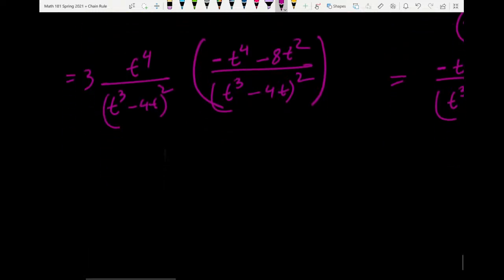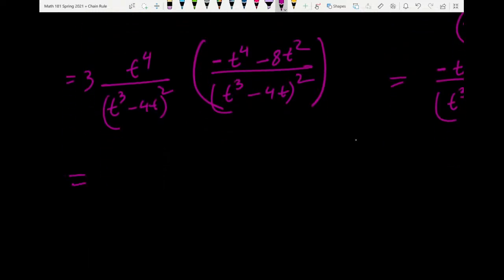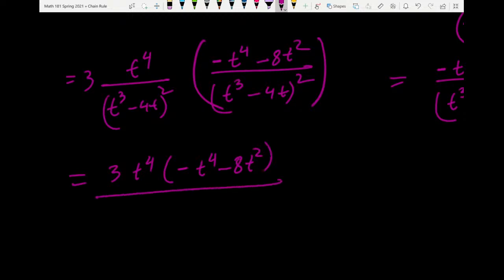Ooh, I can make the problem prettier. So 3t to the fourth minus t to the fourth minus 8t square over t cubed minus 4t, squared. Voila. Any question?